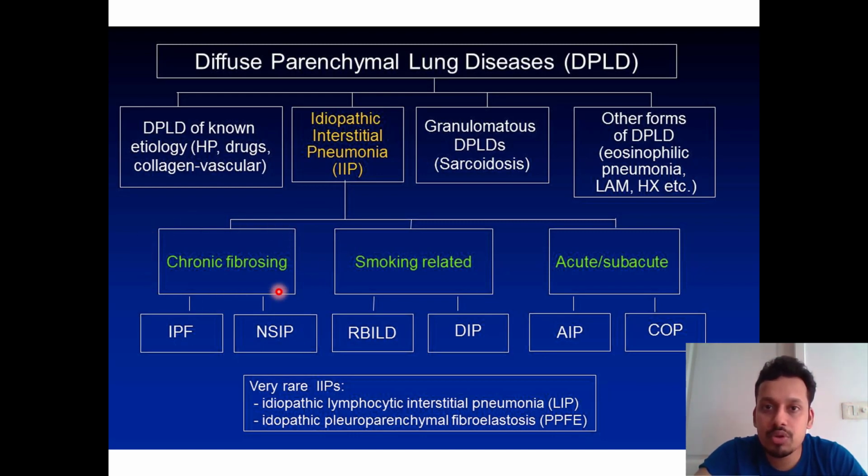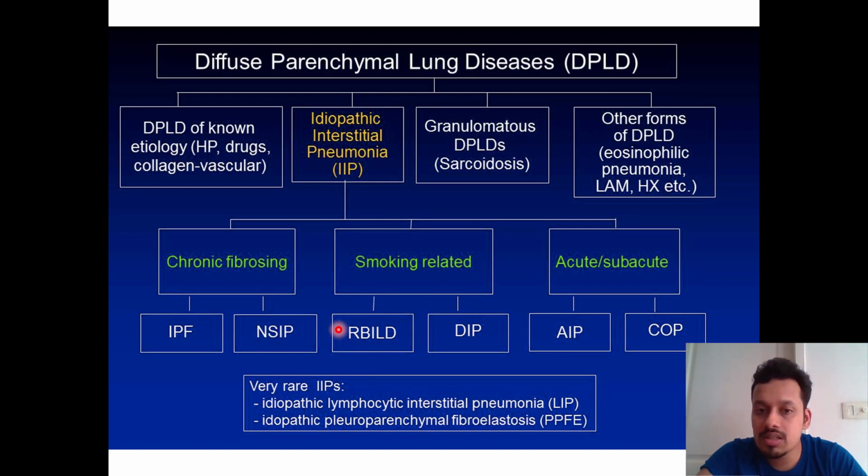The chronic fibrosing variants of idiopathic interstitial pneumonia are idiopathic pulmonary fibrosis and non-specific interstitial pneumonia. Then there are smoking related ILDs. There is a debate about whether to take this out of the idiopathic interstitial pneumonias because there is an etiology here. But at present it is still retained as an idiopathic interstitial pneumonia subtype.